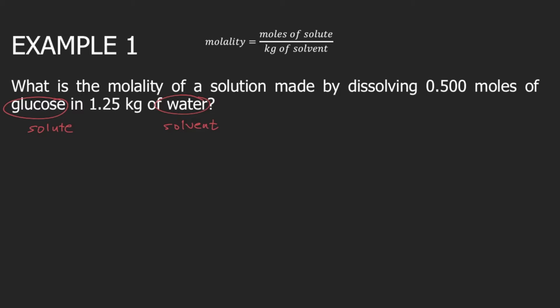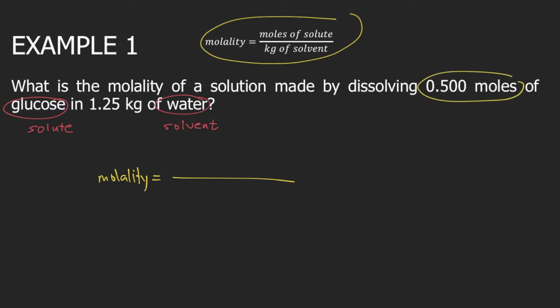So to solve for molality, we will be using this formula. Molality is equal to moles of solute. So we are given 0.5 moles of glucose. So 0.500 moles divided by kilogram of solvent.